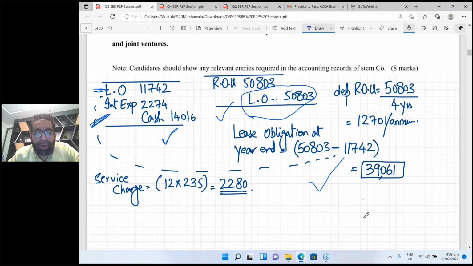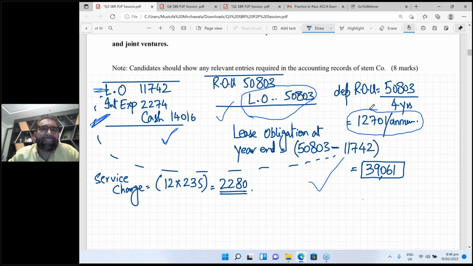Yes, one thing I have not written, I'll show you that working as well. Just tell me, my dear students, what was the ROU on day one? The ROU was 50803. And by the end of the year, ROU is depreciated by how much? 12701.